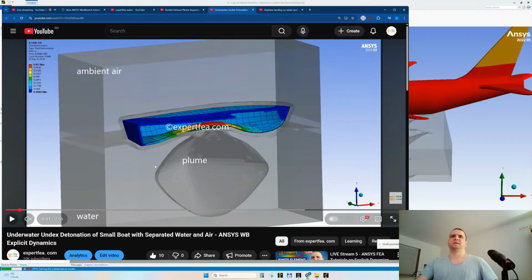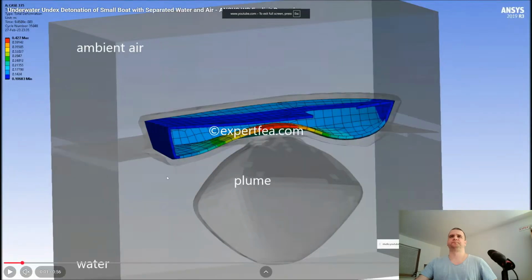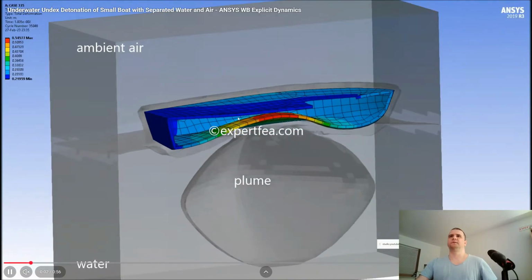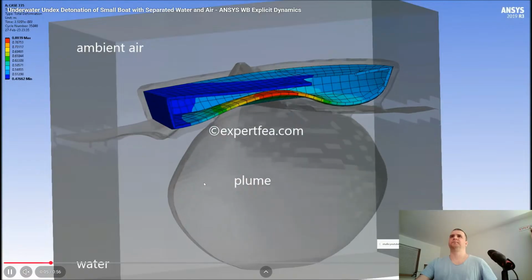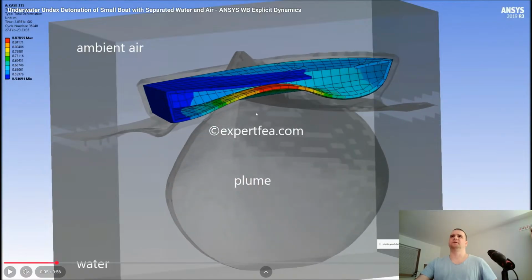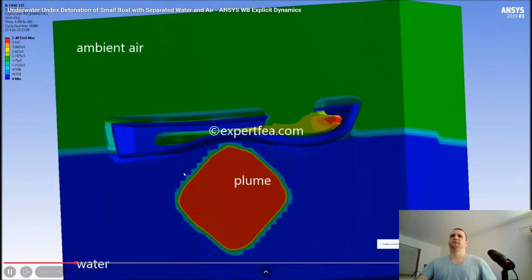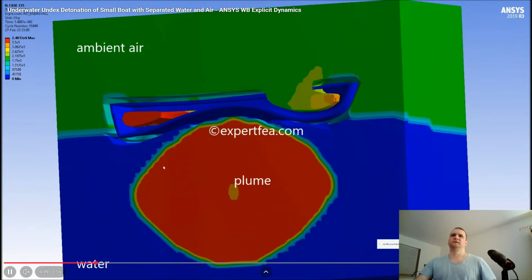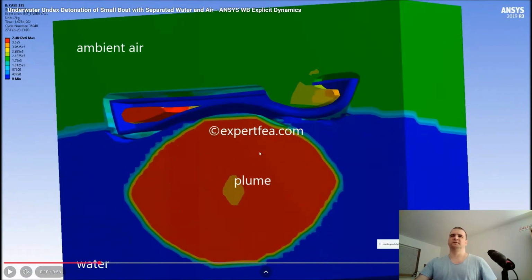It is created in the water, then it propagates this boat up. Some of the plume, the exhaust gases, penetrate not only the water but also the air. So we have three phases: the plume, the water, and the air.